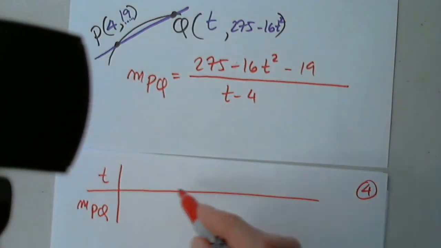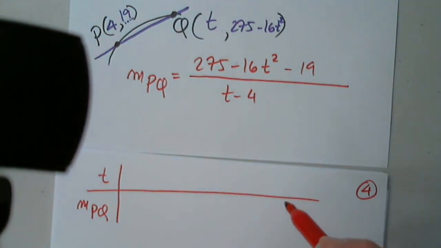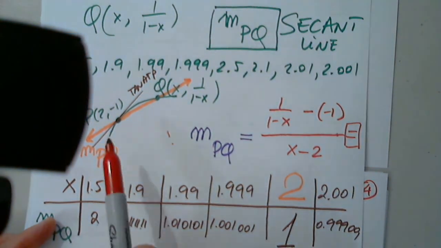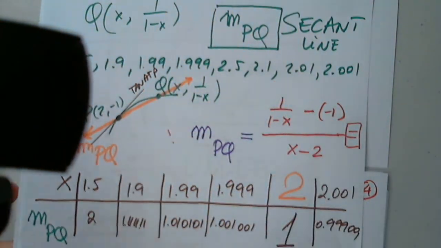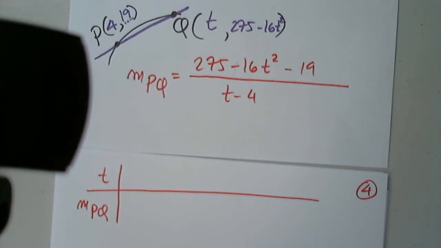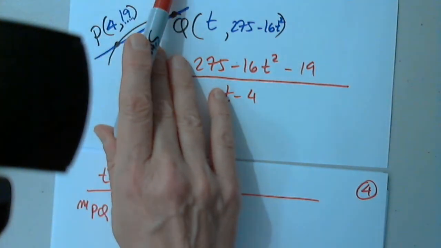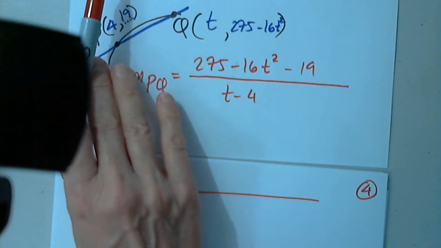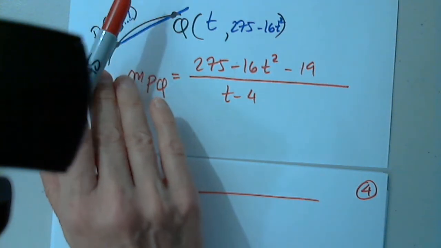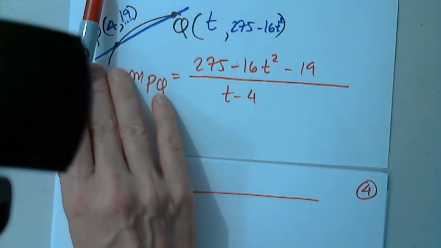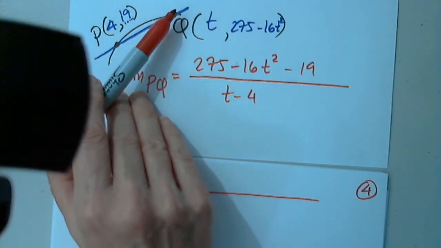So now we have to identify t. In the previous example, they gave us t or x. But here they are trying to trick us. They said the interval starts at 4 and lasts for 0.1 second, starts at 4 and lasts for 0.05 seconds, starts at 4 and lasts for 0.01 seconds.